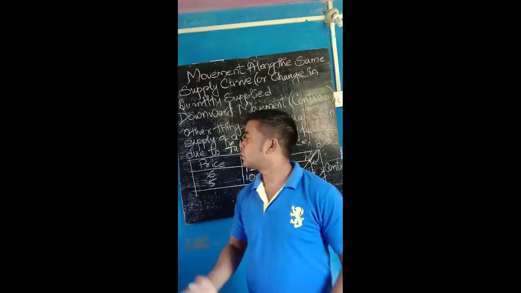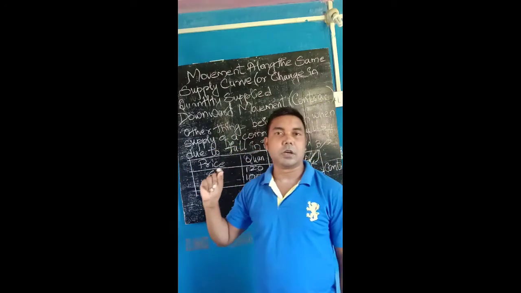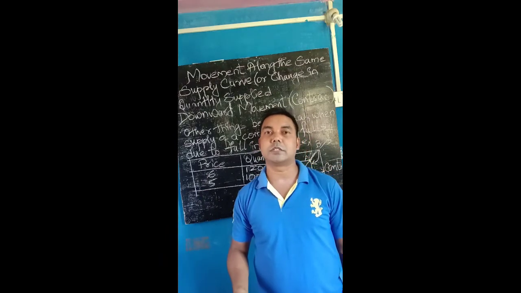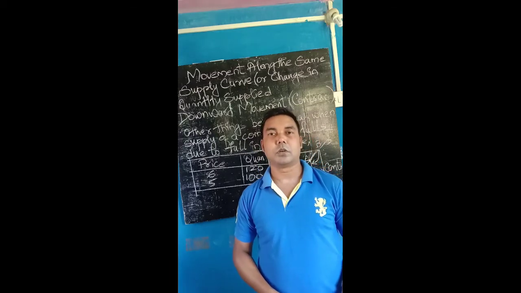So here, what is happening? The price of the commodity is decreasing, so the supply of the commodity also decreases.